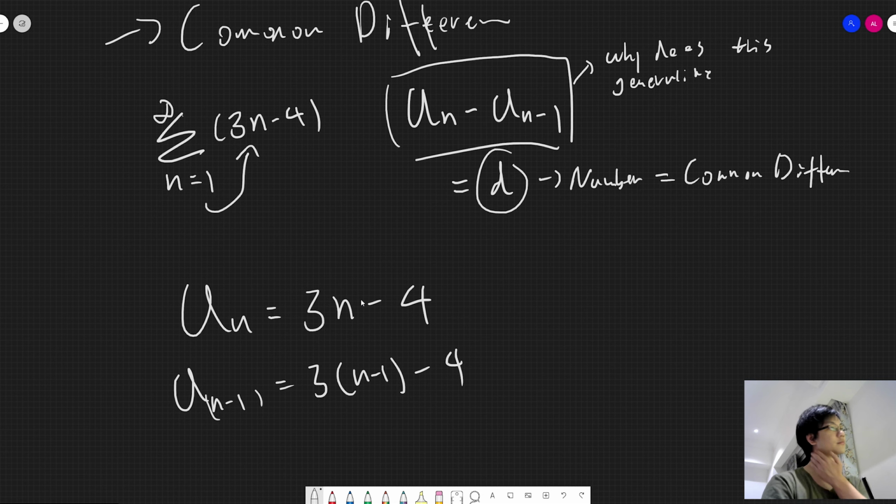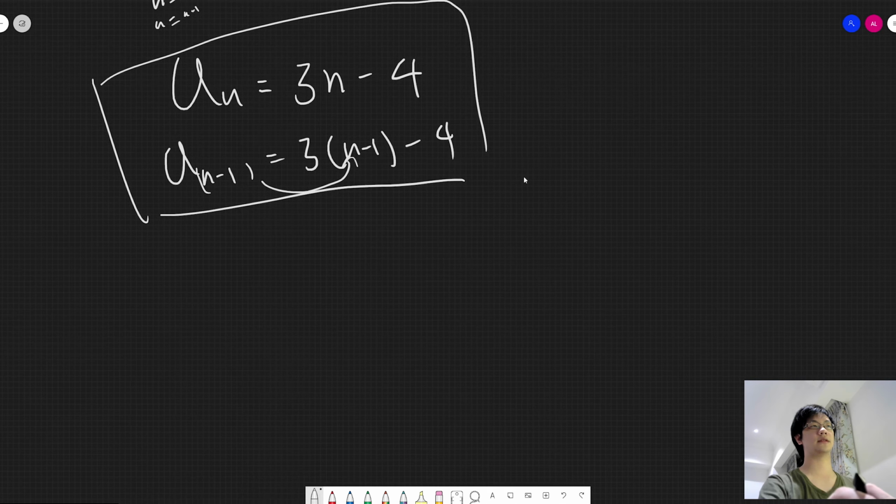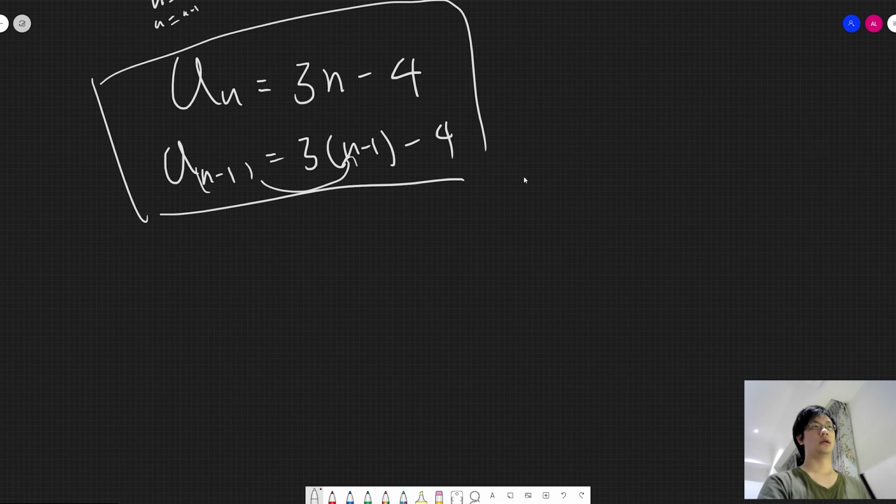Clear? Because I have substituted n equals n and n equals n minus 1. That might be a bit confusing, but this is the idea, because n just goes in here. It's also important to take a moment, look at this and make sense of it. If you're super confused, you can leave a comment and I'll explain better next time.